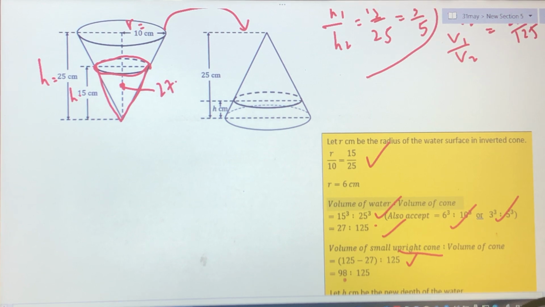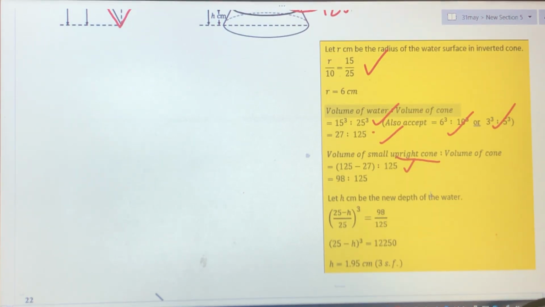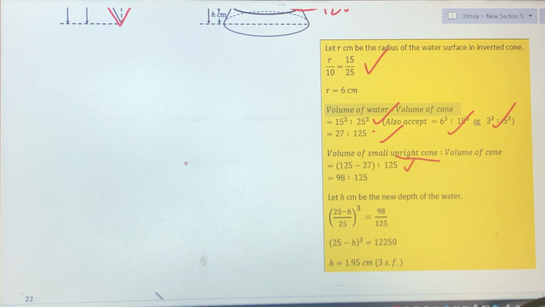So down here is 98, not here. Here is different, the water has already dispersed like that. This whole thing is 125. So now you see, I'm going to use this to help me solve the question.